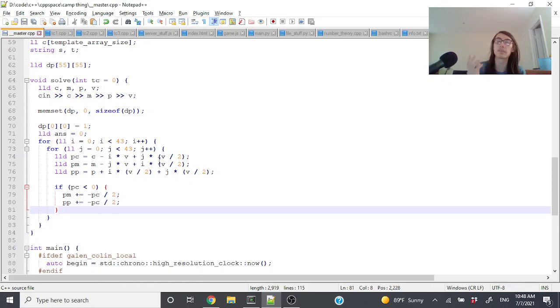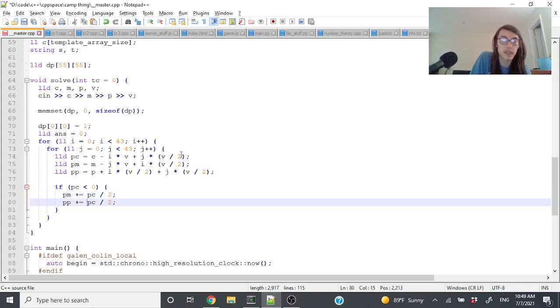So then we sort of add it back to PM and PP. Or wait, yeah, they need to be decreased because they didn't actually get the last V over 2. They got whatever was left from PC.